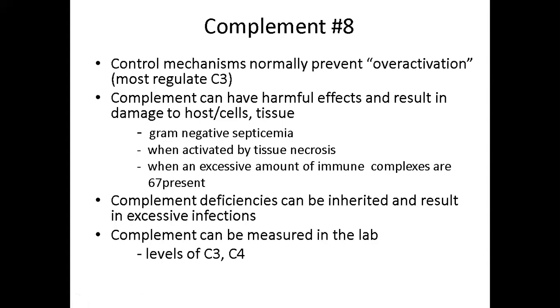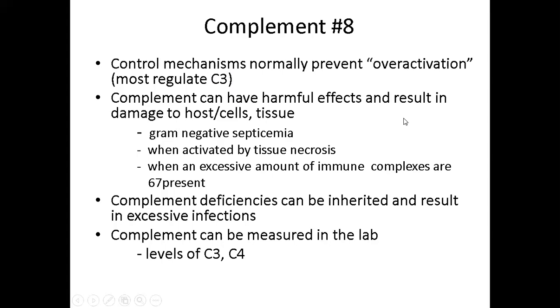Thankfully, just like we have natural anticoagulants to control the coagulation cascade, there are also normal control mechanisms to prevent overactivation of complement, okay? And most of these regulate C3, and we saw how C3 is really important in both pathways. So regulating C3 is a good way to place some controls on the process.